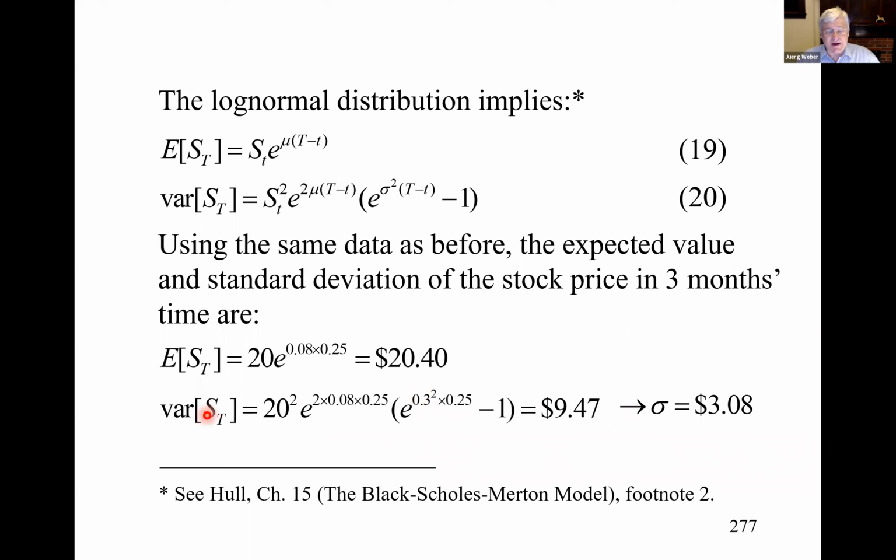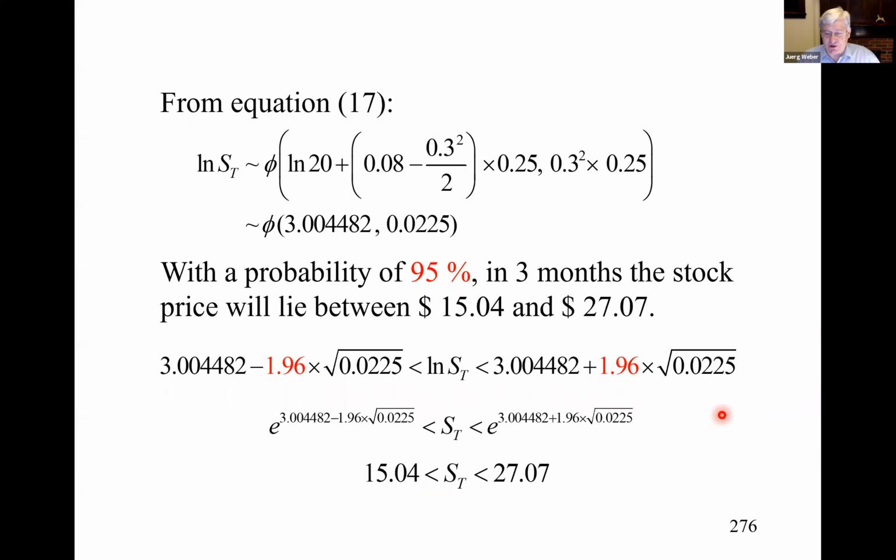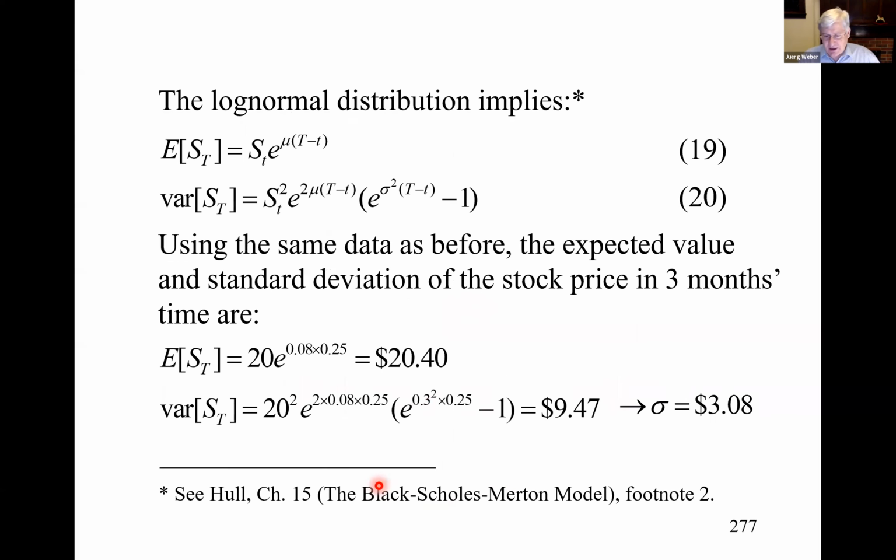And the variance will be 9, and the standard deviation will be 3. So plus minus 2 standard deviations, yes, that brings you roughly up to 26, 27, and down here to actually below 15. So you get a somewhat different answer if you do it this way.